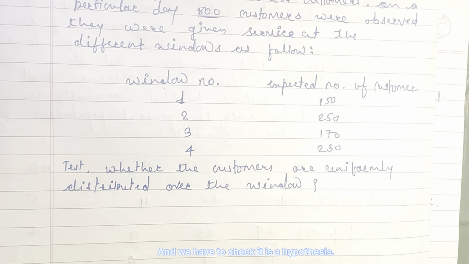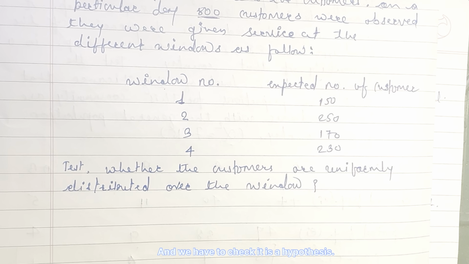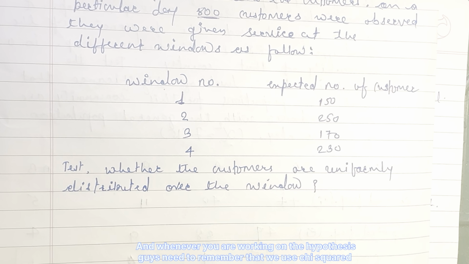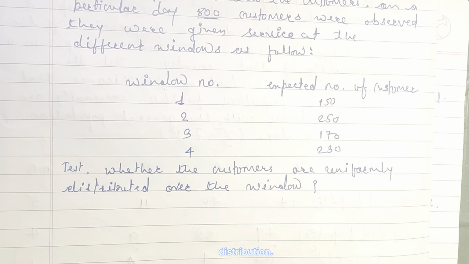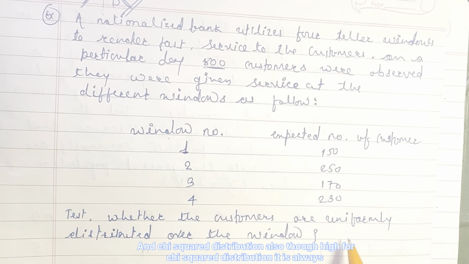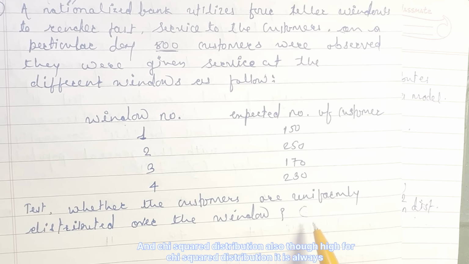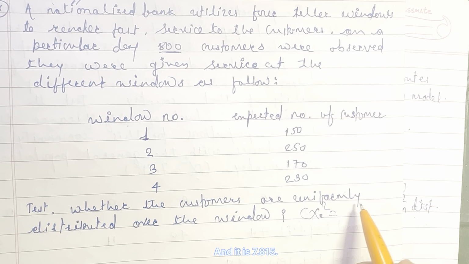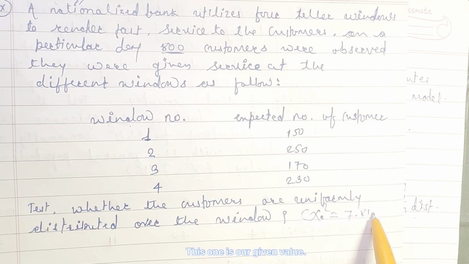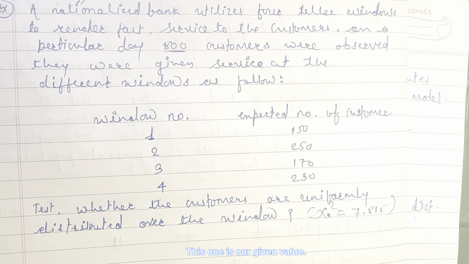This is a hypothesis test, and whenever you work on a hypothesis, remember that we use the chi-square distribution. The value for the chi-square distribution is given in your example, and it is 7.815.